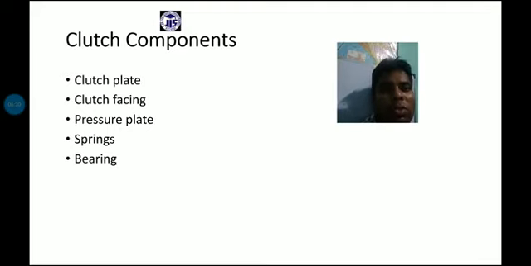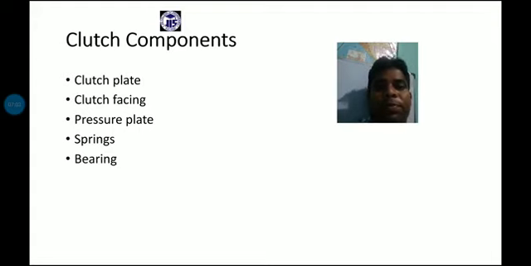The first one is the clutch plate, which is the most important point. Without it, no single plate or multiple disc design can happen. First of all, a plate or disc is required, otherwise no function will happen.